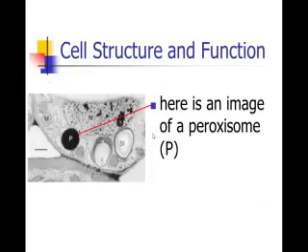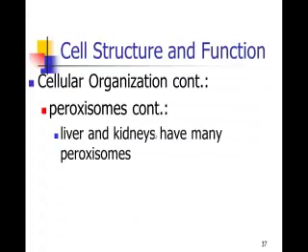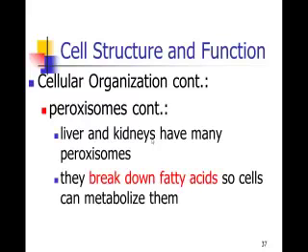Here is a peroxisome. So the liver and the kidneys are places where we have a lot of peroxisomes, maintaining health of the body fluids and getting rid of materials in the tissues.